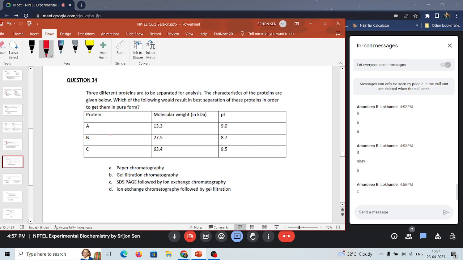The molecular weights actually vary. How are you going to separate them? Very good. It's size exclusion chromatography or gel filtration chromatography. So first your C will come, then B will come out, and then lastly A.